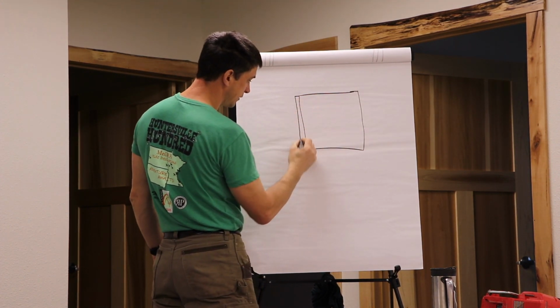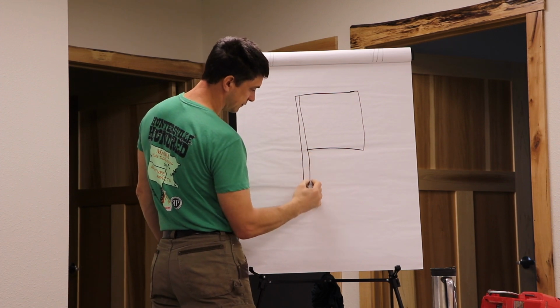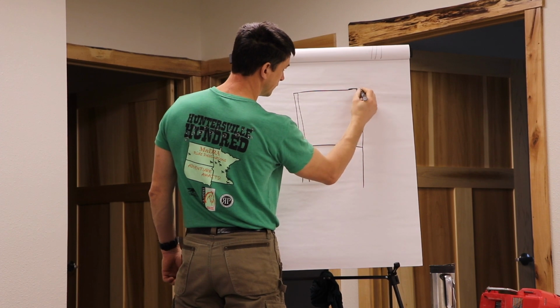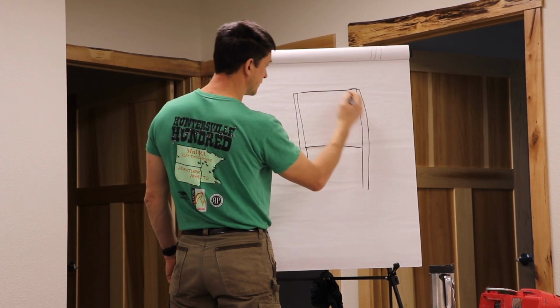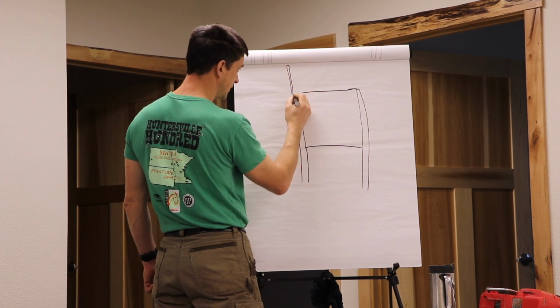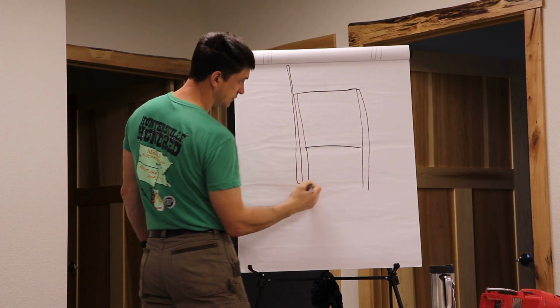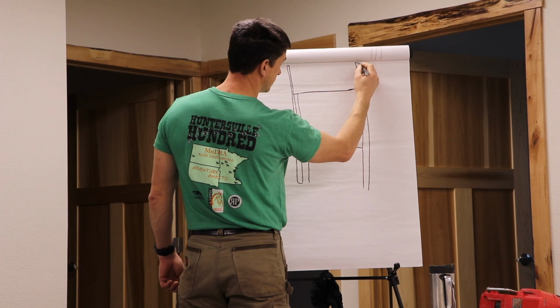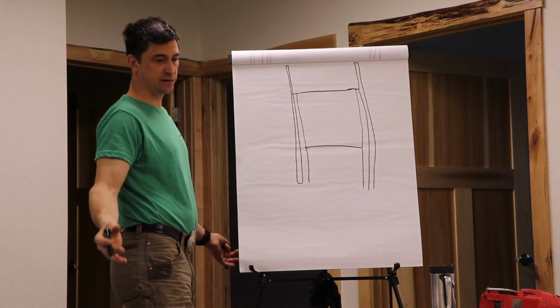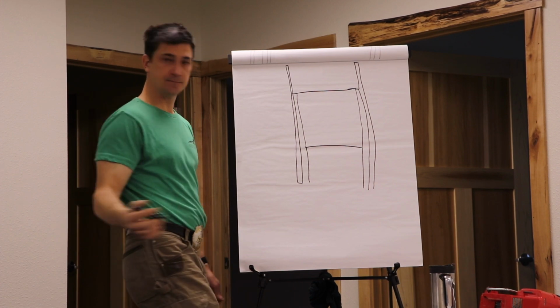If the window opening is less than 6 feet, we only need a single shoulder stud. Okay? We only need a single king stud. Unless it's an engineered wall and the engineer says something different. Okay?